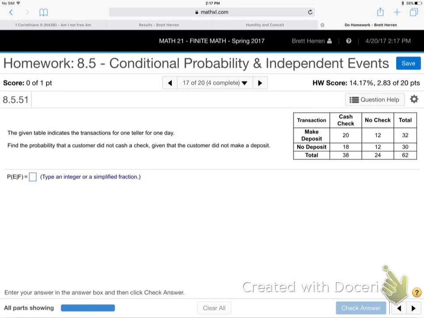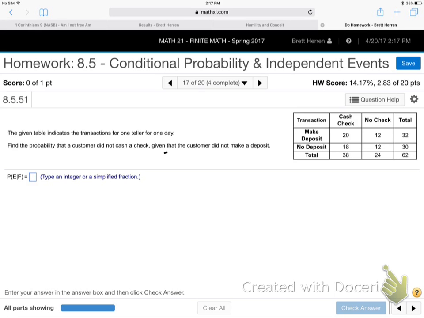There we go. Okay, try that one. So always focus on the given, right?